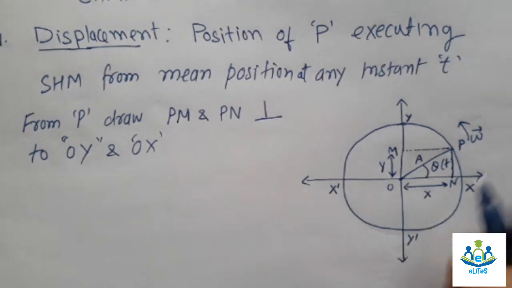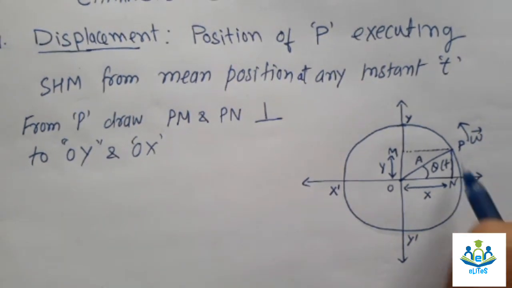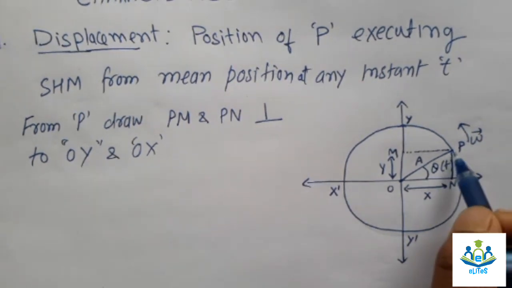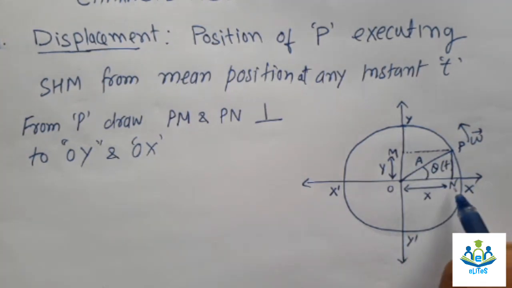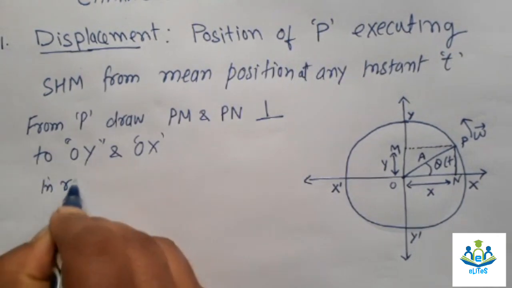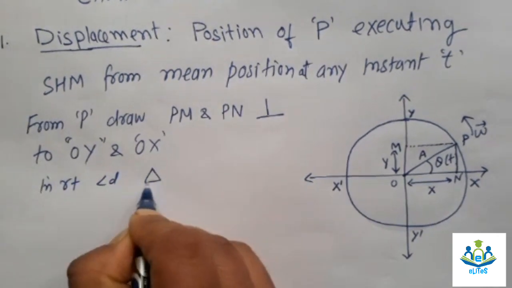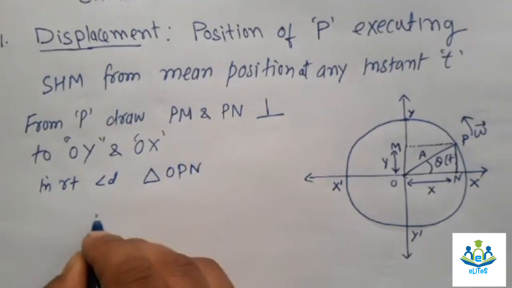Let's calculate the displacement of the particle P, which is executing simple harmonic motion. Displacement is the position of the particle from the origin. From P, draw two perpendiculars, PM and PN, on OY and OX. We can calculate displacement in the right-angled triangle.